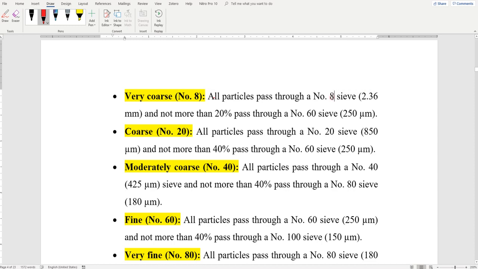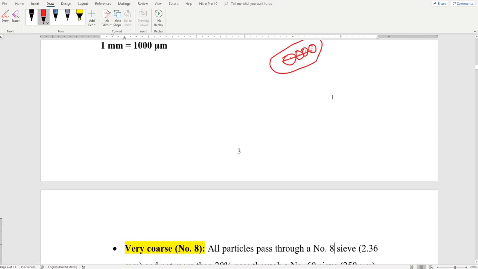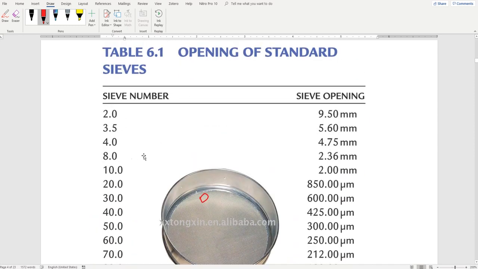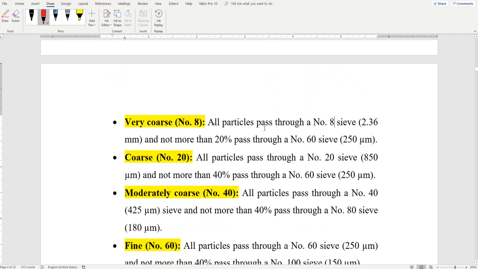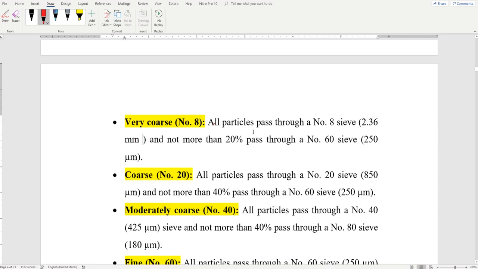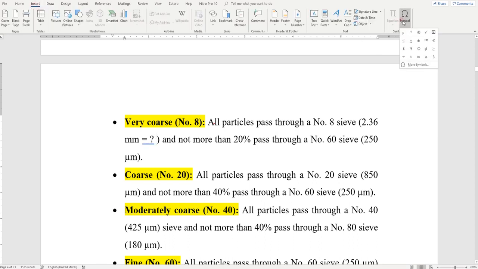Sieve number 8, if you go to the table above here, has an aperture size of 2.36 millimeter. So when we say that all particles pass through sieve number 8, it means the largest particle size should be 2.36 millimeter. Now, who can tell me how many micrometer is this? Can you calculate?